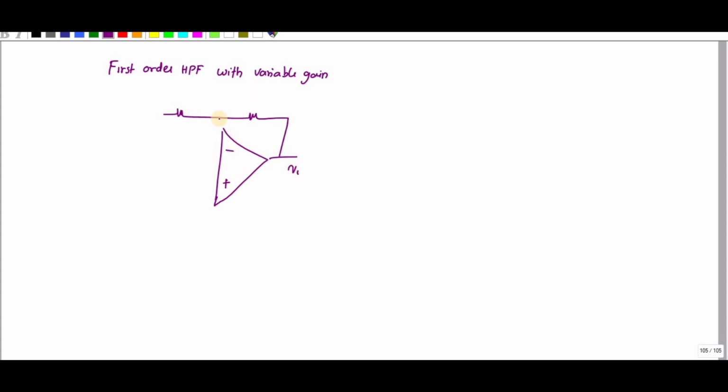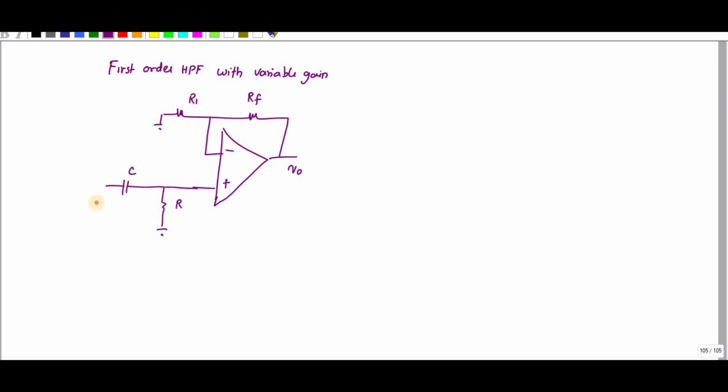Now let us discuss the first order filter with variable gain. Variable gain means you have to connect a non-inverting amplifier, right? So this is how it is, and you have to connect the capacitor and resistor in this manner.